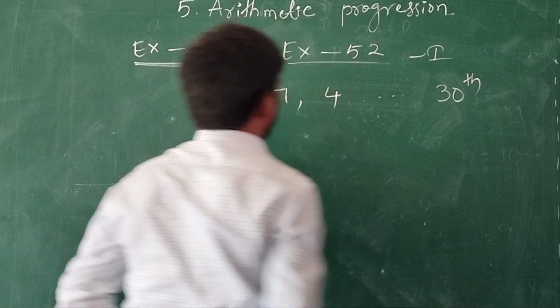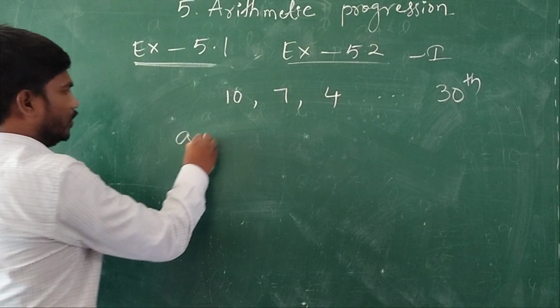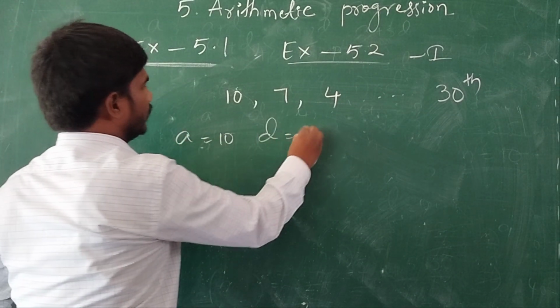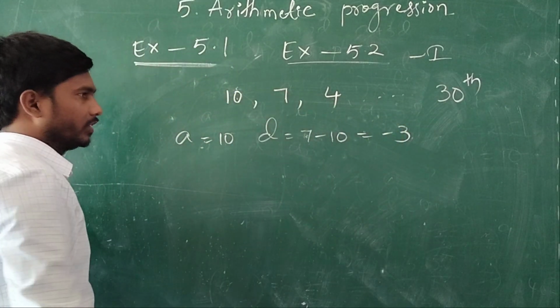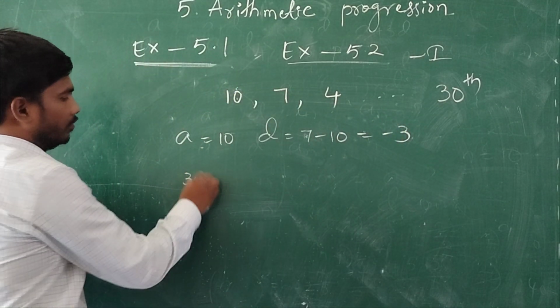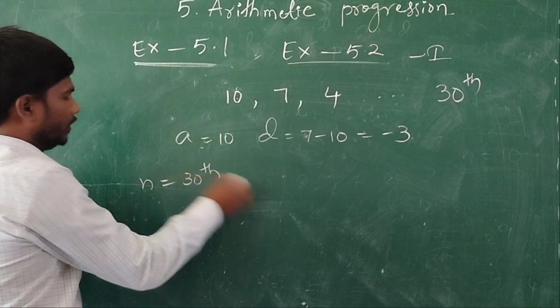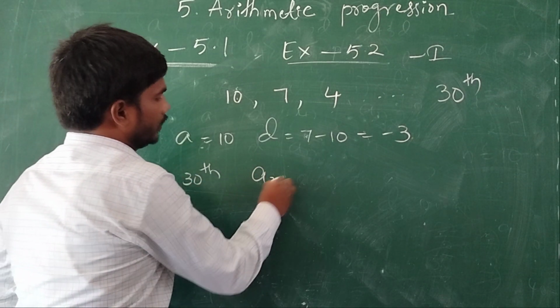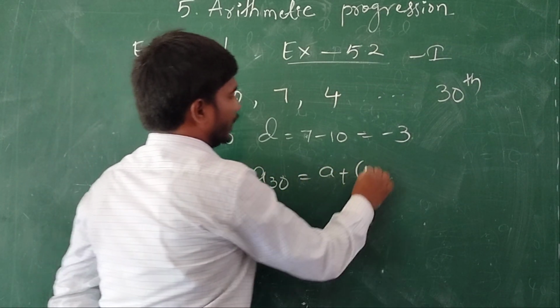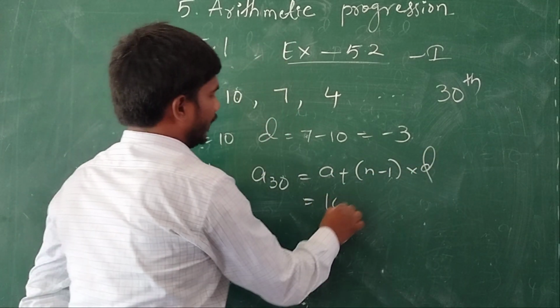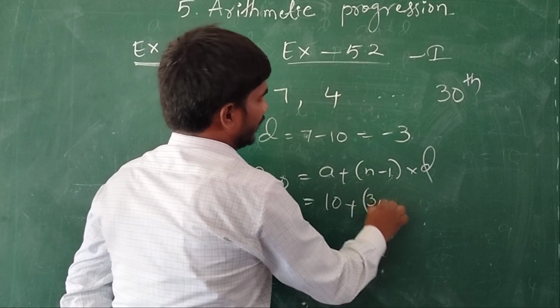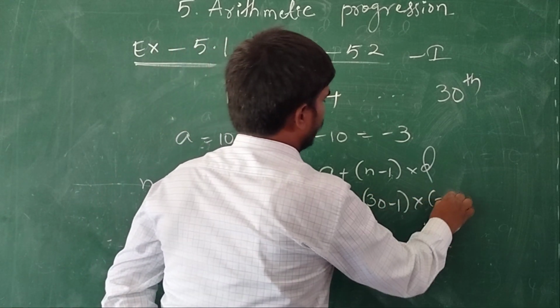Simple. a is equals to 10, d is equals to 7 minus 10, which is minus 3, second term minus first term, and the 30th term means n is equals to 30. So a30 is equals to a plus n minus 1 into d. a is 10, n minus 1 is 30 minus 1, d is minus 3.